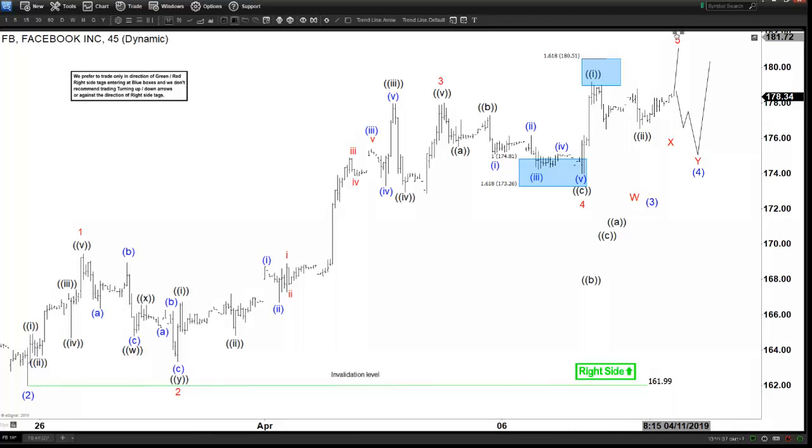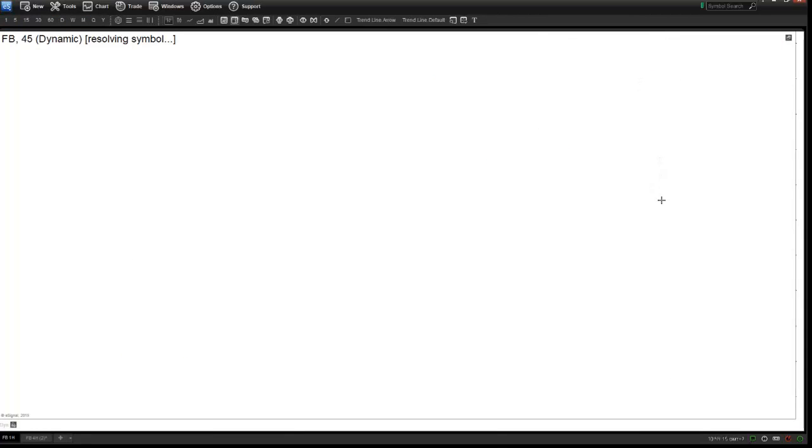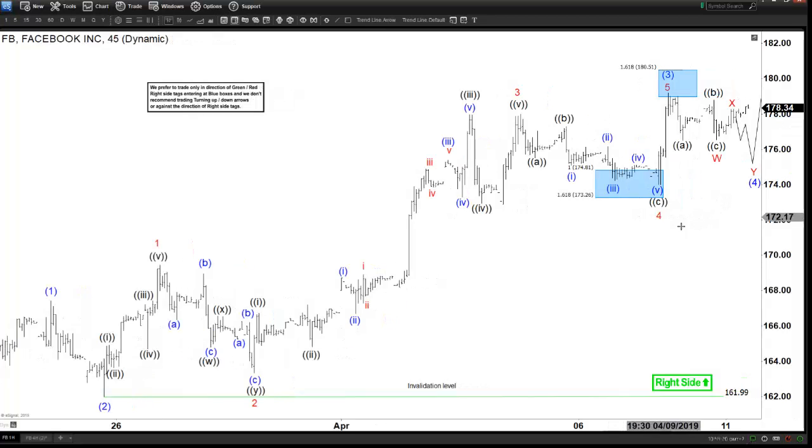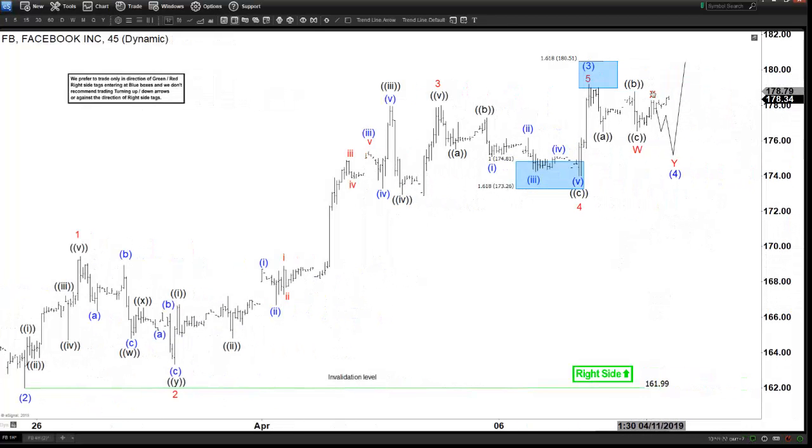But if it starts to turn lower again, then we expect the pullback to continue to find buyers, or to continue to find support, as long as it does not break below this 162, right?